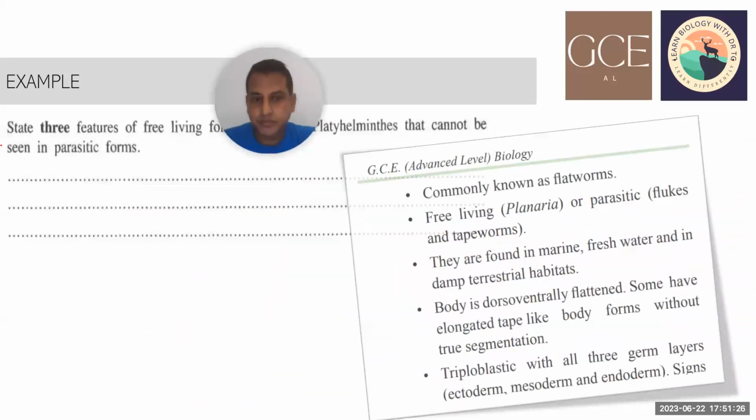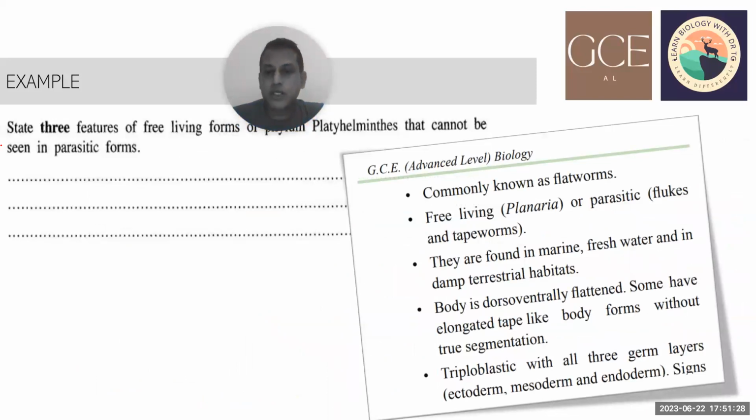Second thing, now the resource book lists certain things. For example, you will find in unit 3, free living or parasitic forms are available. Now, in this information in the resource book, they haven't clearly separated what is the appearance of free living, what is the appearance of parasitic form.